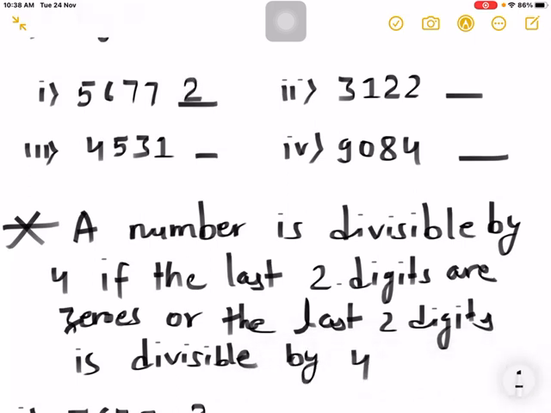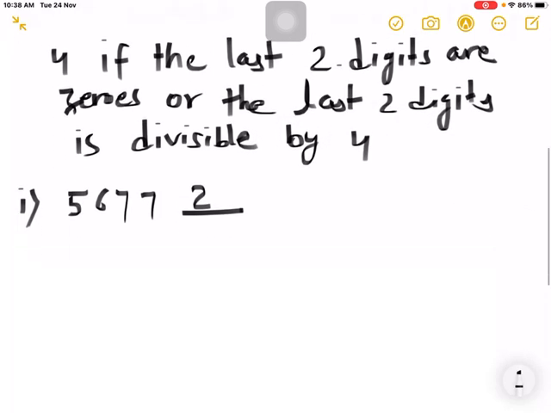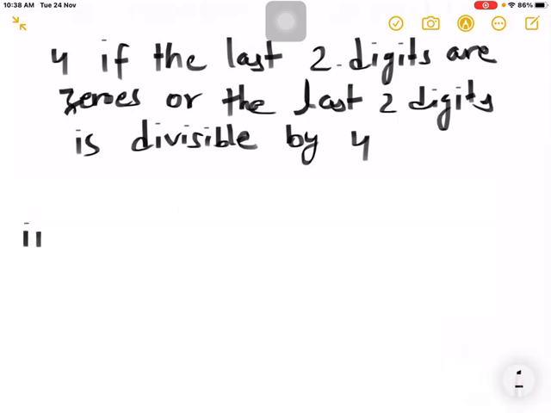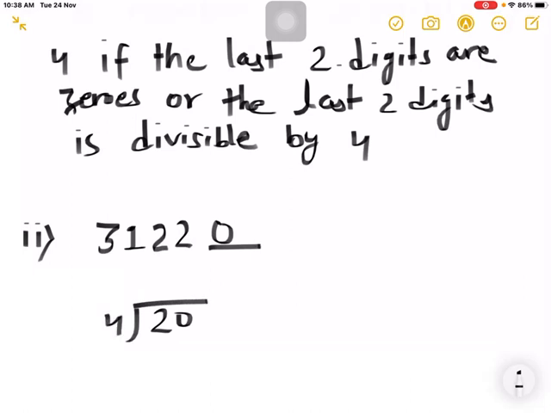Similarly, let's go to number 2, 3122, okay. See, the last two digits, 2 and a blank, 2_. If you write 0 also, 20 is divisible by 4. 4 5s are 20, isn't it?